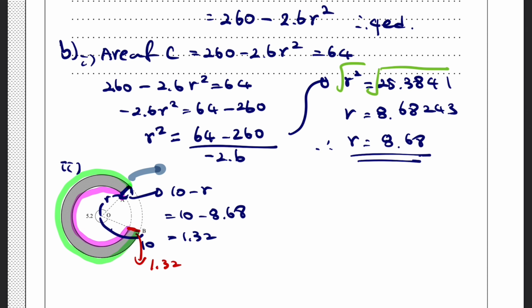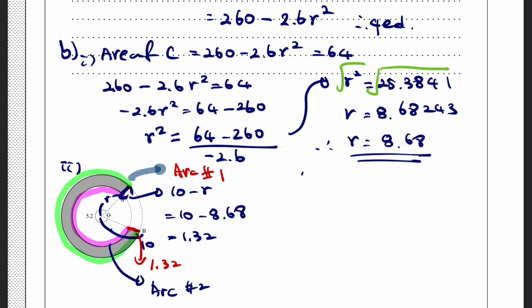The green part is the outer arc, arc number 1, and let's treat the pink part as the inner arc, arc number 2. Let's calculate the arc length of arc 1 and arc 2.